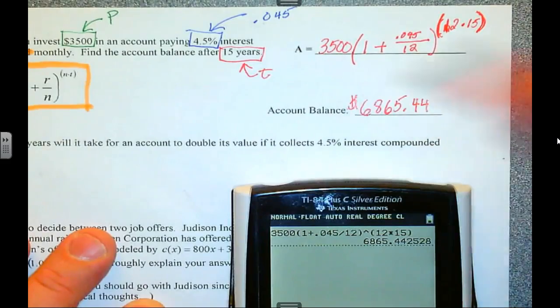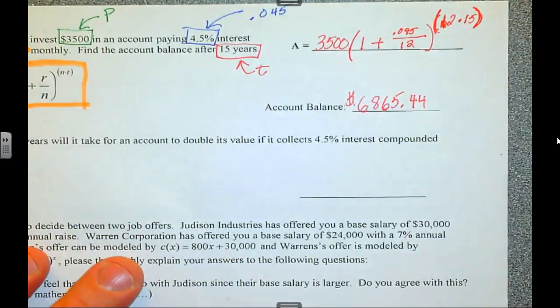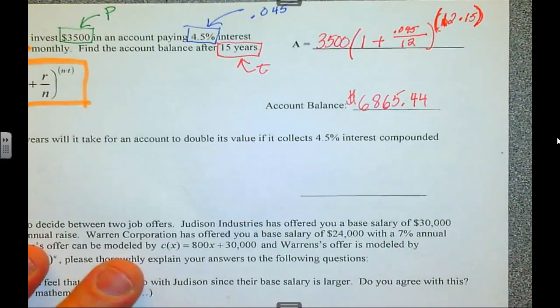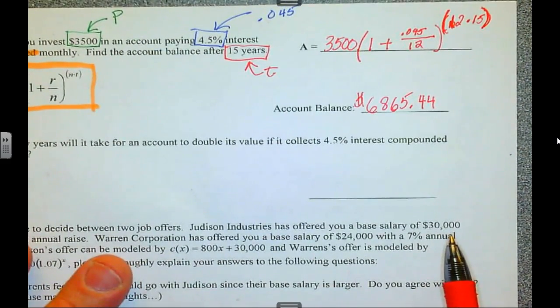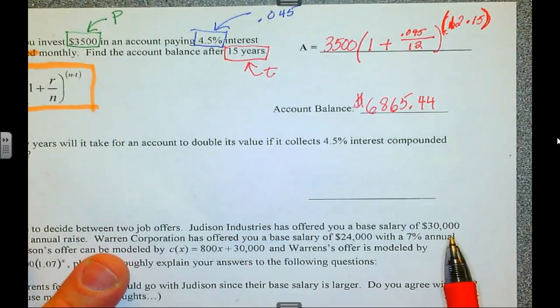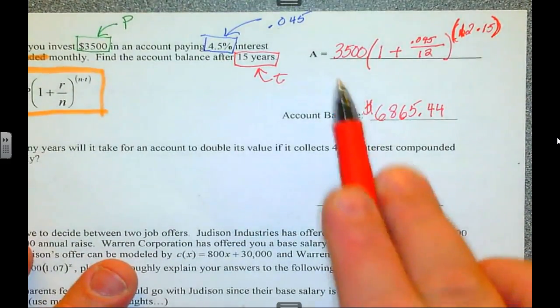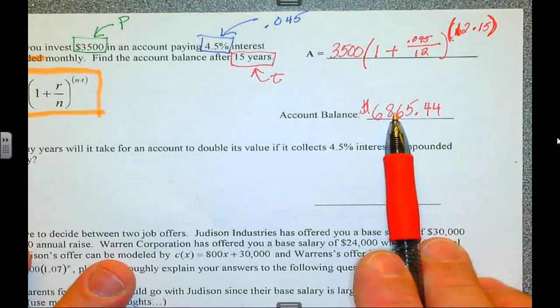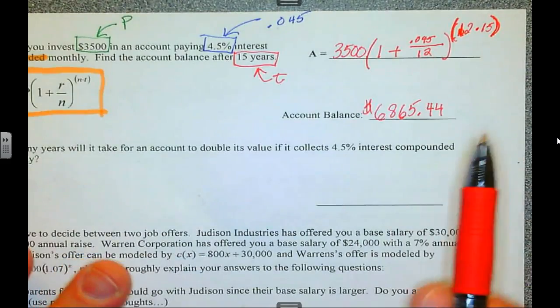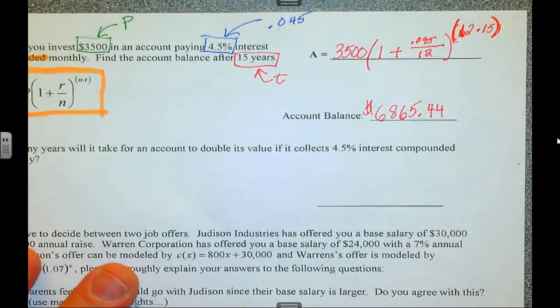Now, sit back for 1 second and ask yourself, does this make sense to me? If I put 3,500 bucks in for this really long time, can I almost double my money? Well, yeah, it makes pretty much sense at 4.5.